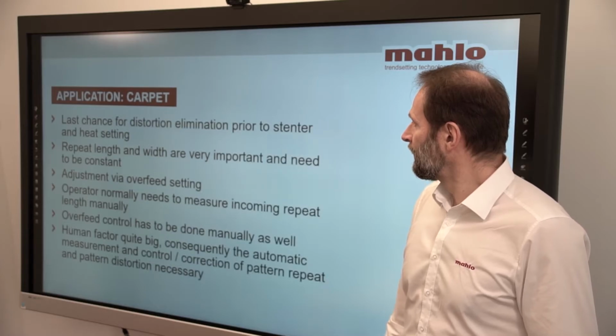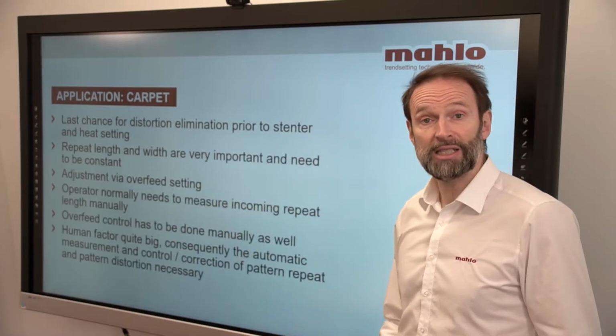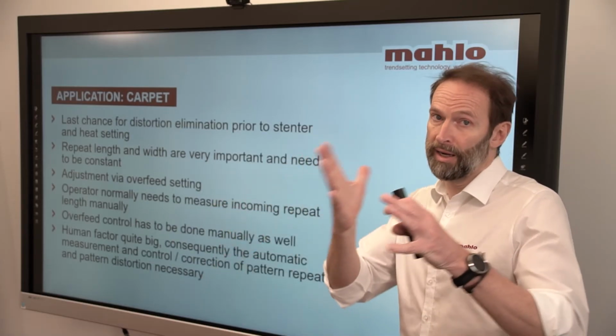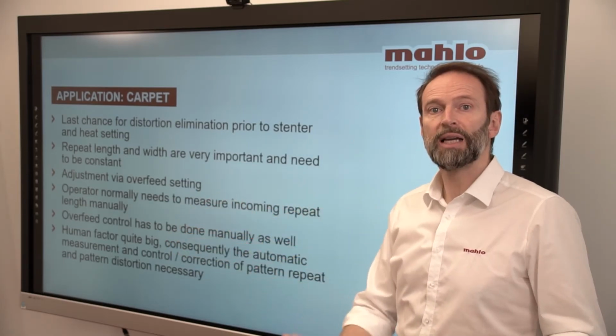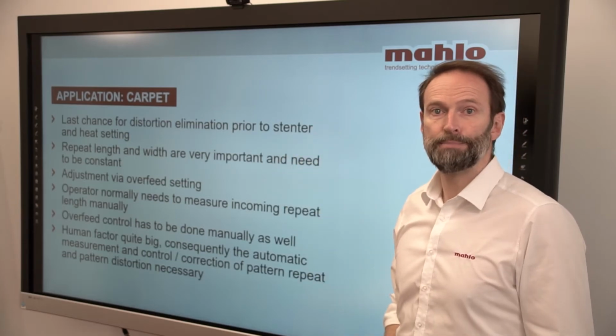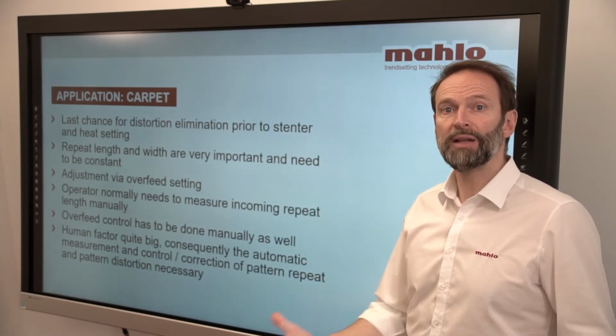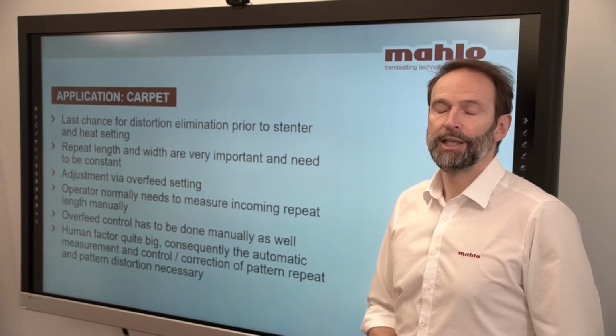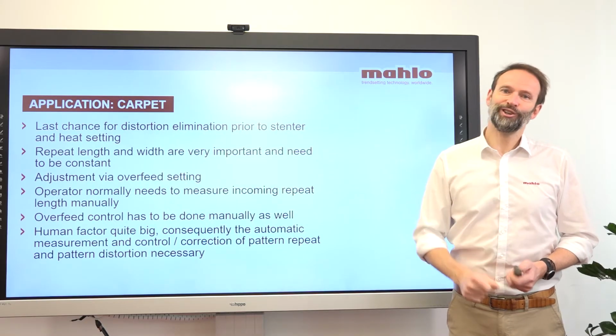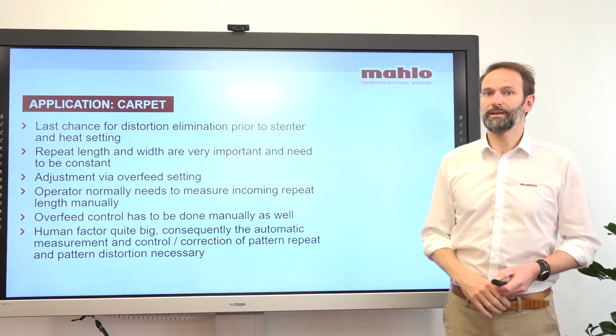So as I said before, the adjustment will happen by the skew and the bow distortion on the one side, but also by the repeat pattern on the other side, and that gives you really a very good overall picture and the best opportunity to make things 100% right.